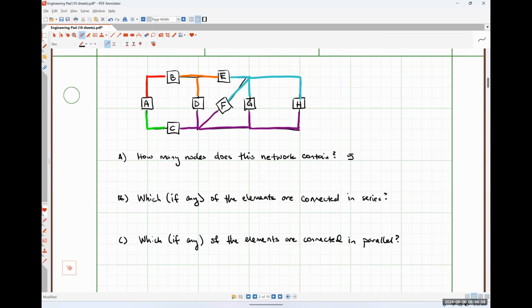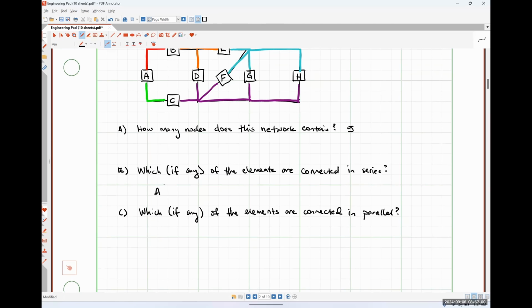Absolutely correct. So we have A and B as well as A and C based on our current definition of a series connection. After we learn a little bit about Kirchhoff's current law, we would probably say that elements C, A, and B are all 3 connected together in series, but we're not quite there yet, so great job.